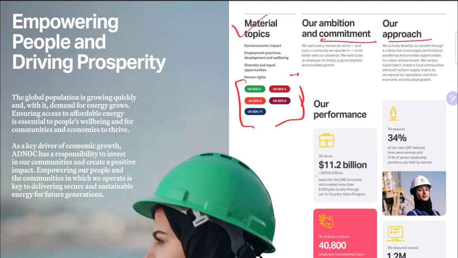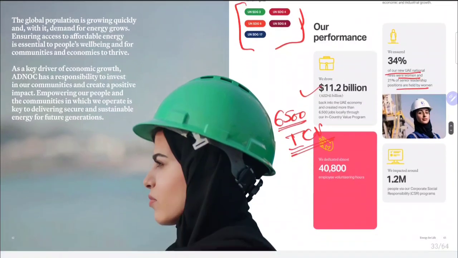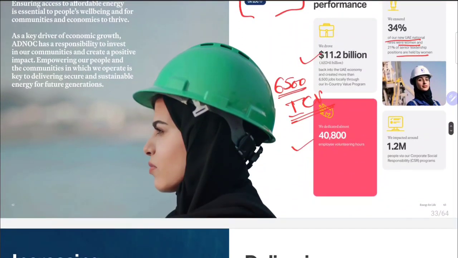You see 11.2 billion US dollars back to the UAE economy and more than 6,500 jobs created locally in the country, ICV value also. 34% of new UAE national hires were women, and 21% of senior leadership positions were held by women.